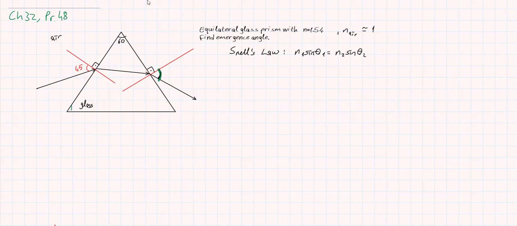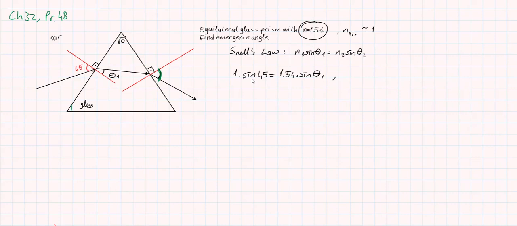For that I will use Snell's Law again, and I will do the basic thing. 1 times sine 45 will be equal to the refractive index of glass, which is given as 1.4, times sine, let's say, theta 1 again. This angle will be theta 1.